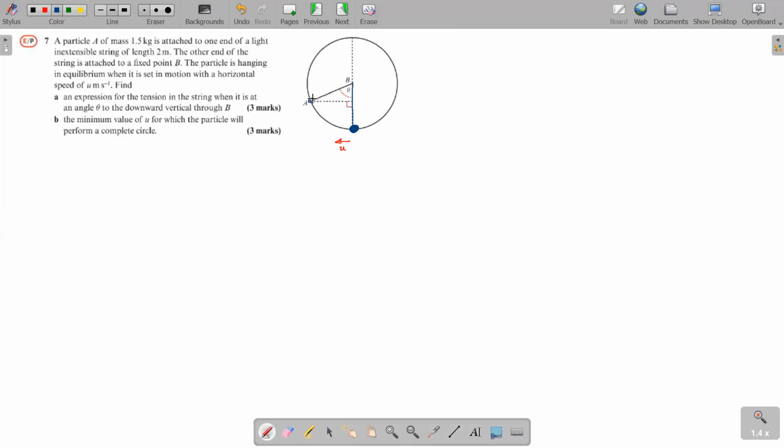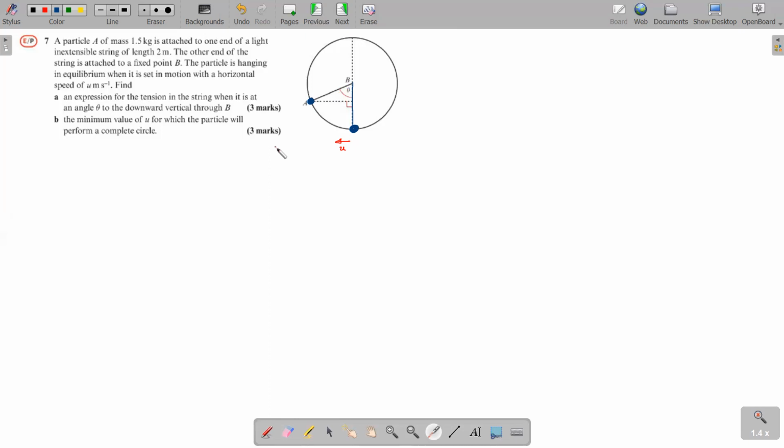We're going to use the exact same principles that we used before. The principles are exactly the same, just that the position is different. At this point you can see it's in a general position, so we have to work with the angle theta now.